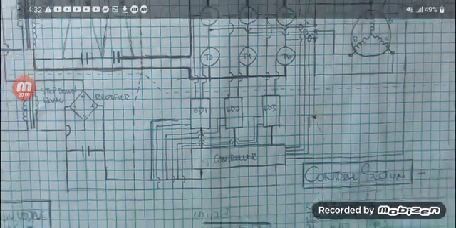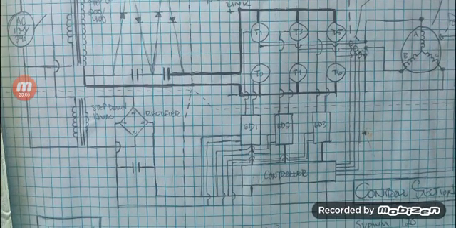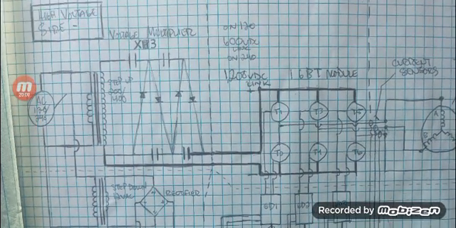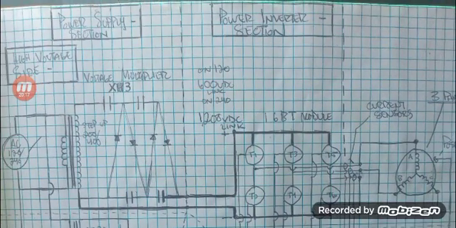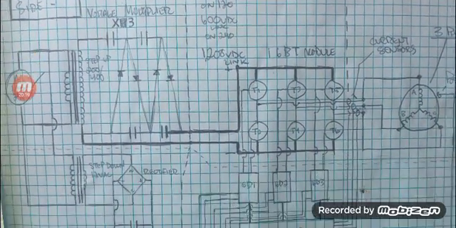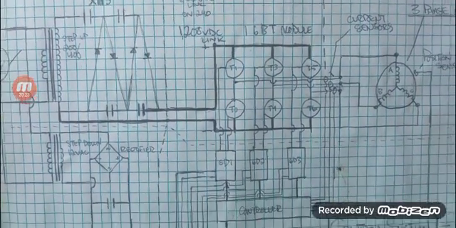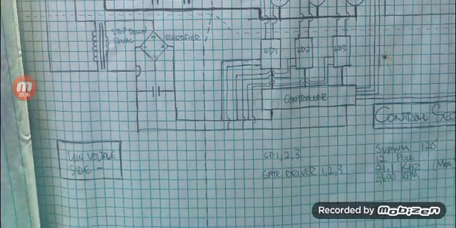And that's basically all it is. There's a control side, which is low voltage. There's your high voltage side of your power supply. And then there's the power inverter section, which will deliver your high voltage pulses to the motor, which is controlled by the computer.